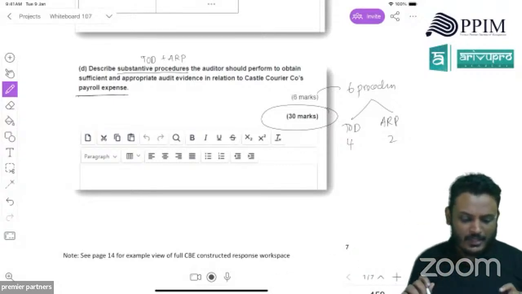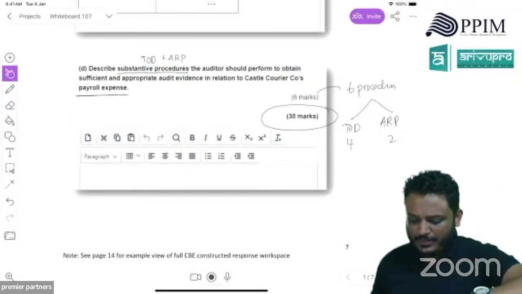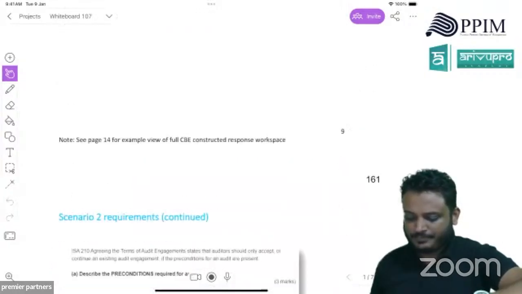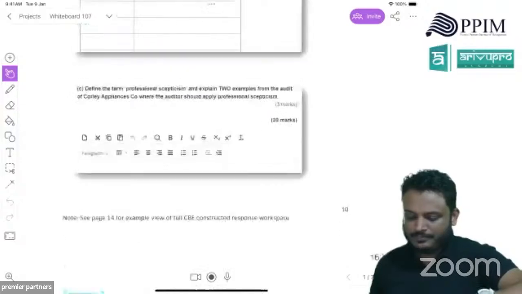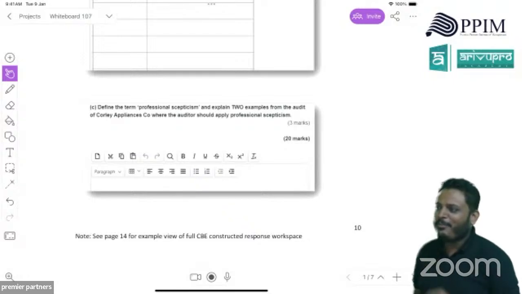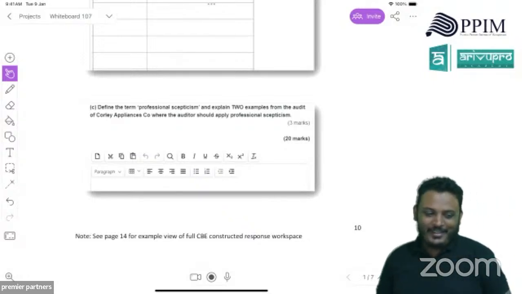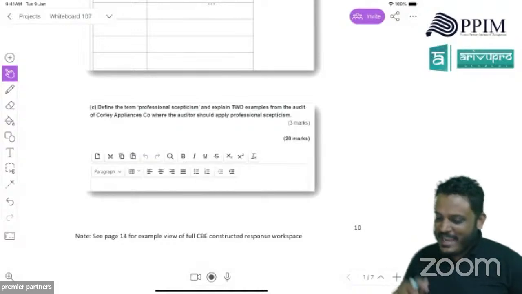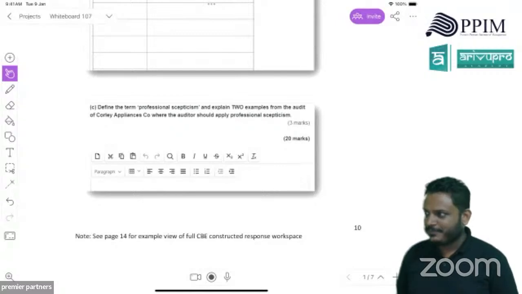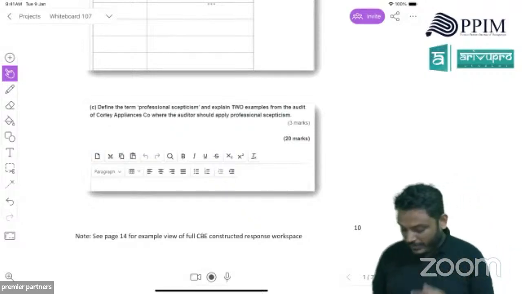Now, students, let's come to the next part. See, I'll tell you the importance of reading technical articles. This is the same year. I think it is 2020 or 21. The paper.